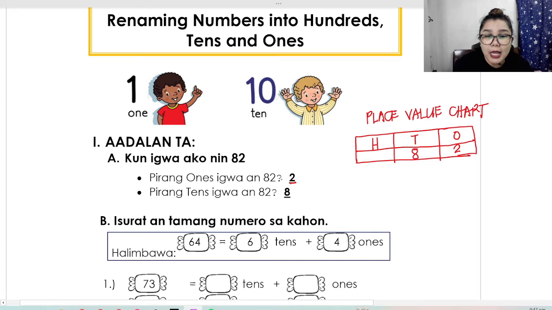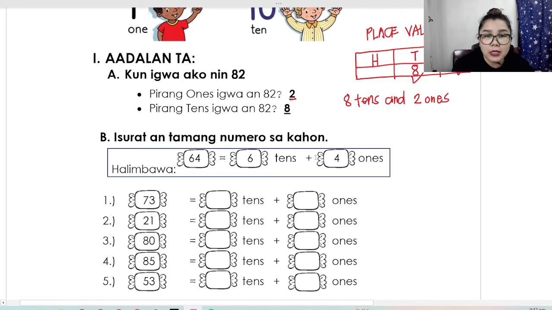So, tama kung ang sagot ay 2, kasi pirang ones igwaan? 2. Next, pirang tens igwaan 82? 8. Kasi in 82, we have 8 tens and 2 ones.